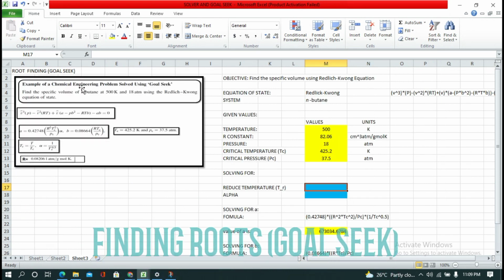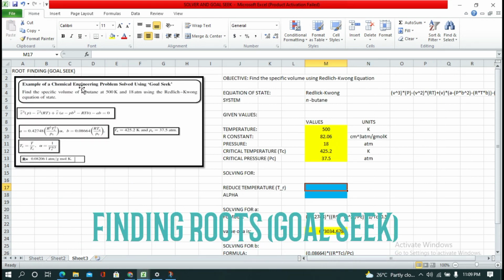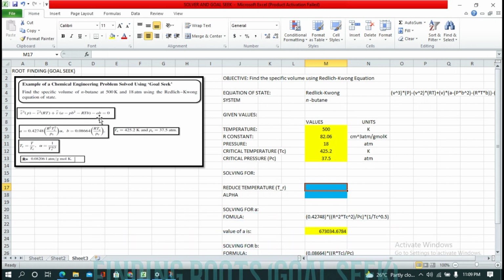So our third problem is root finding using the Goal Seek of Microsoft Excel. For our problem, find the specific volume of n-butane at 500 Kelvin and 18 atm using the Redlich-Kwong equation of state. So we have here the equations of our Redlich-Kwong equation of state, and then the formulas to find the needed parameters to solve for the Redlich-Kwong equation.